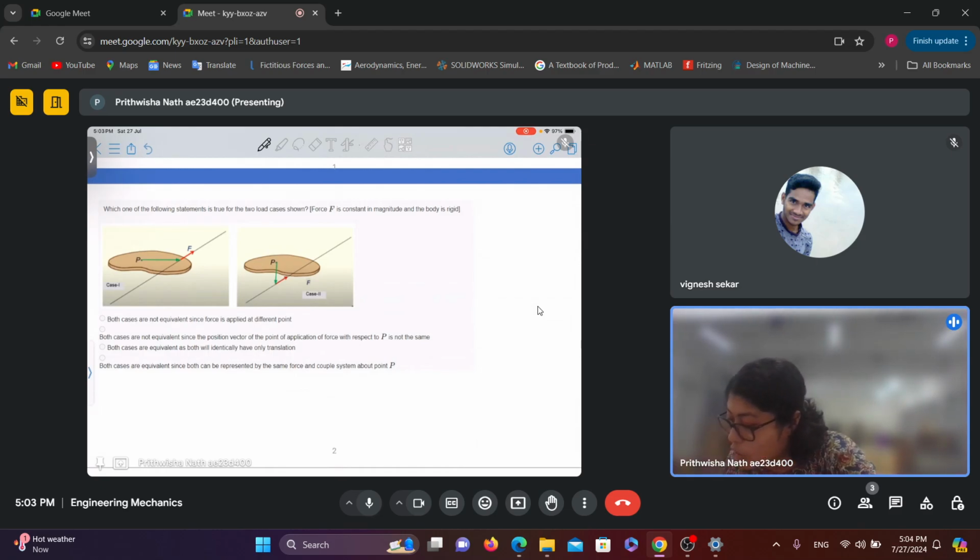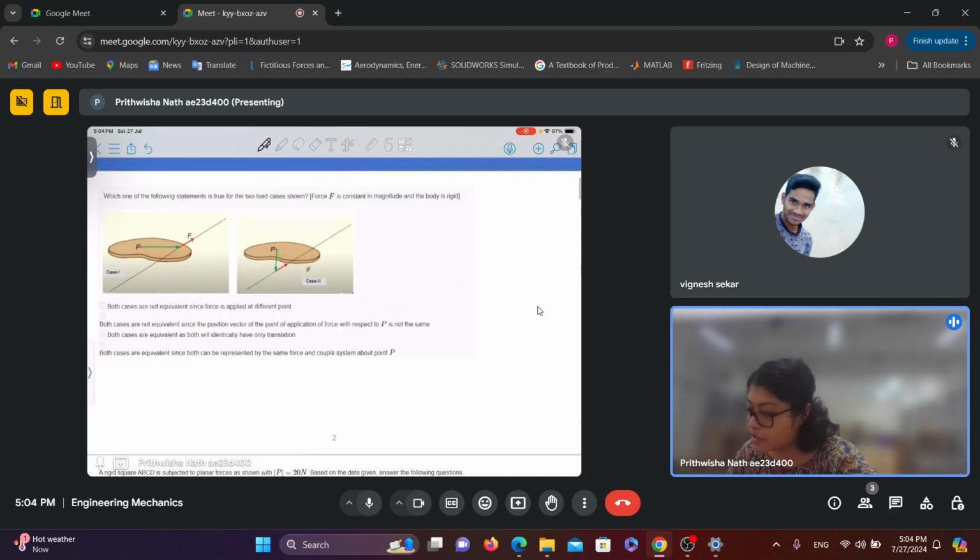Which one of the following statements is true? There are two cases, case 1 and case 2. In the first option it is said both cases are not equivalent since force is applied at different points.